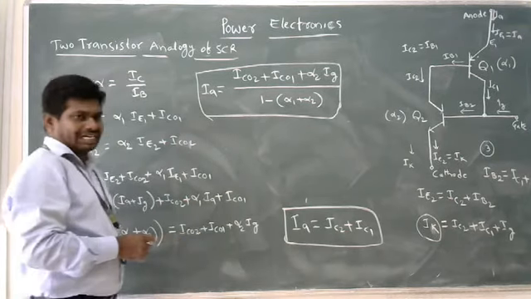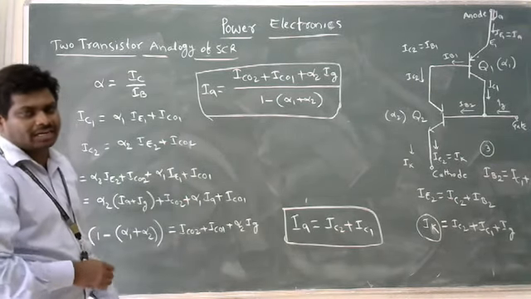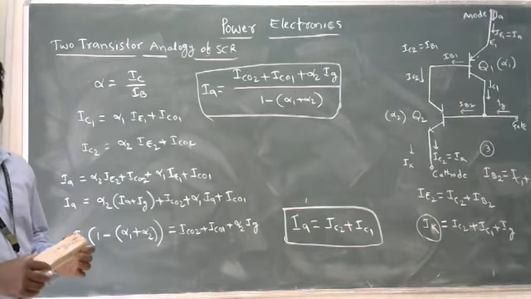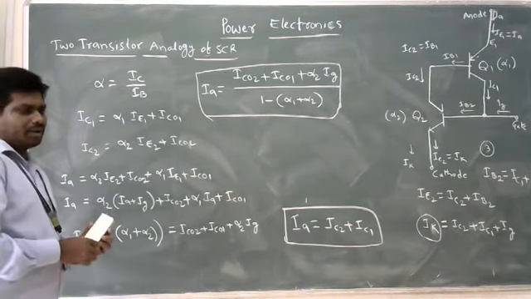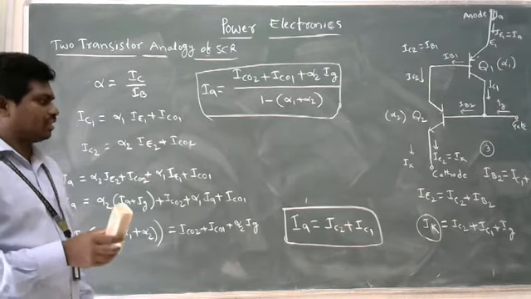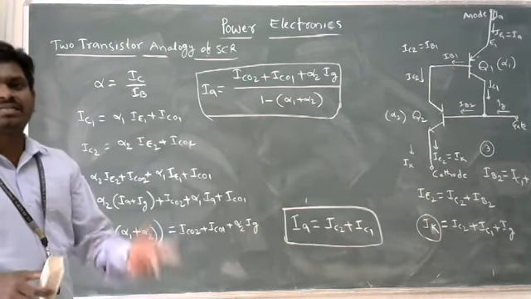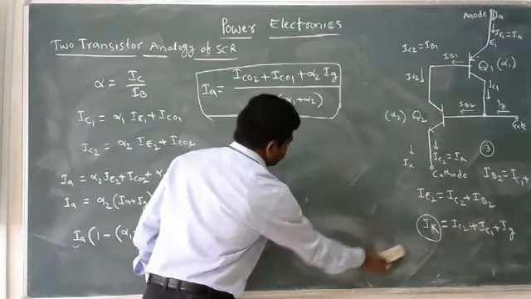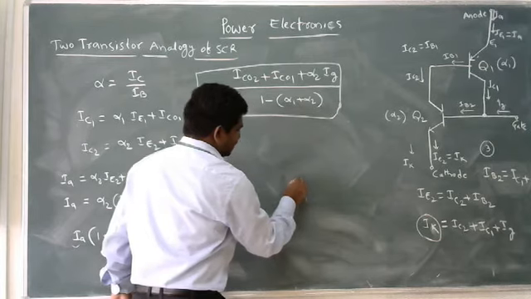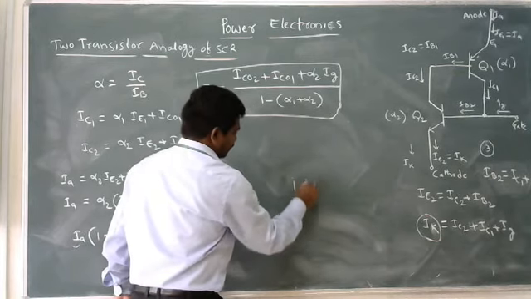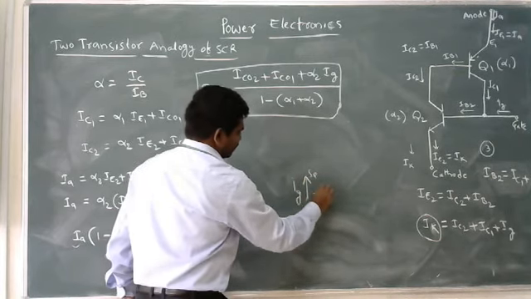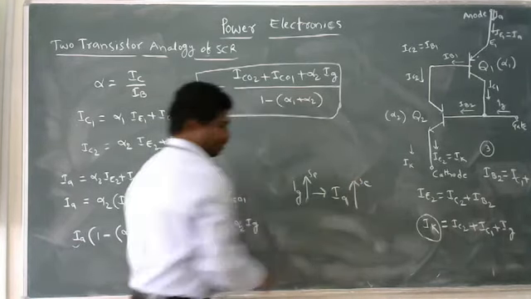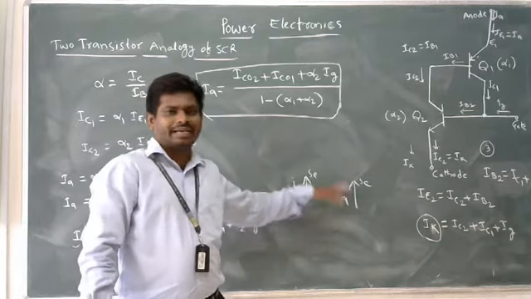Now, how do we increase the current flow through the device? How do you make the SCR go into on state? Very simple, the normal general analysis we already saw in the previous class. What we discussed in the last class: if Ig increases, Ia increases.